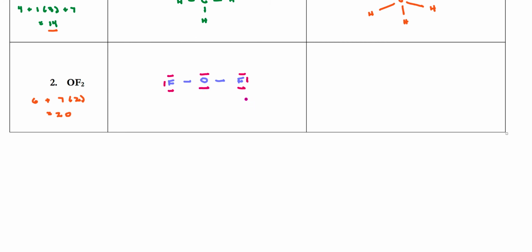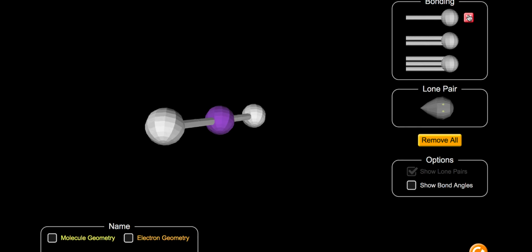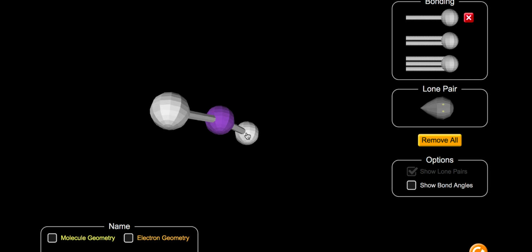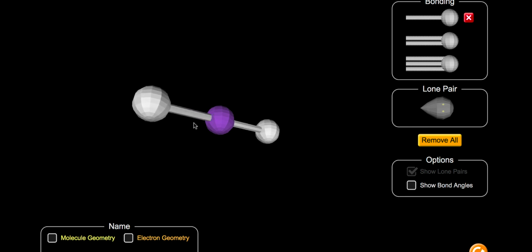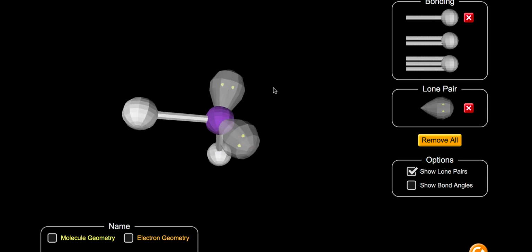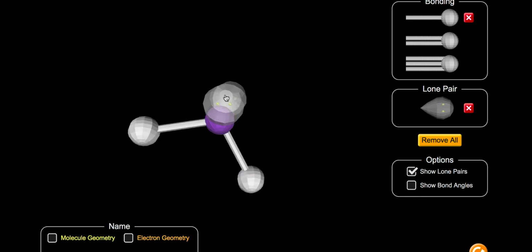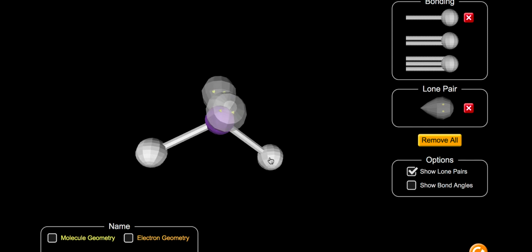Okay, let's look quickly at what this would look like by using the VSEPR model. For OF2, I've got 2 fluorines off of my oxygen, and then I've got 2 lone pairs of electrons on the oxygen. So notice this shape is going to be bent.